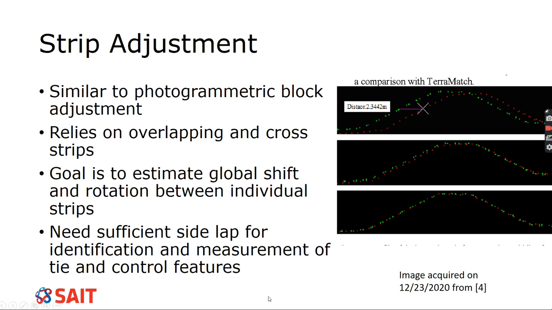We do need sufficient sidelap for identification. If you only have 10%, that's kind of the bare minimum. You might want to increase that and go with additional sidelap, maybe 20%. That helps with adjusting for these strip issues, these misalignments.